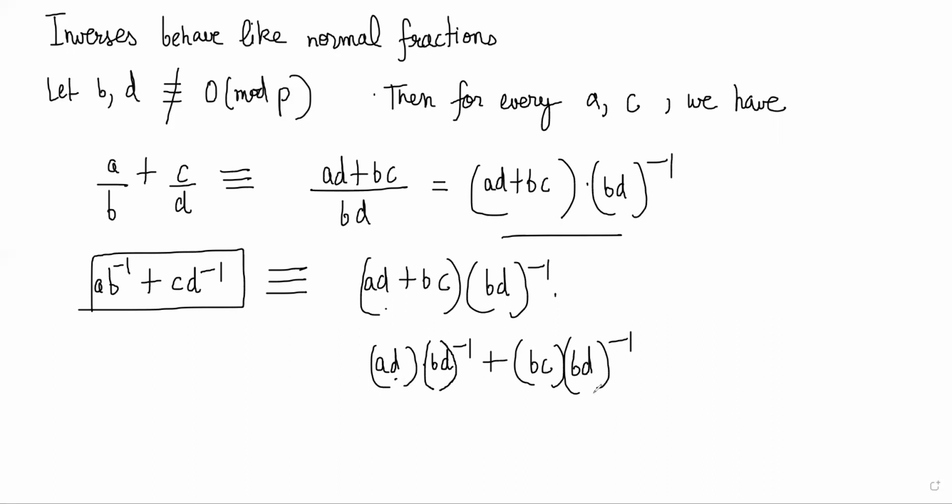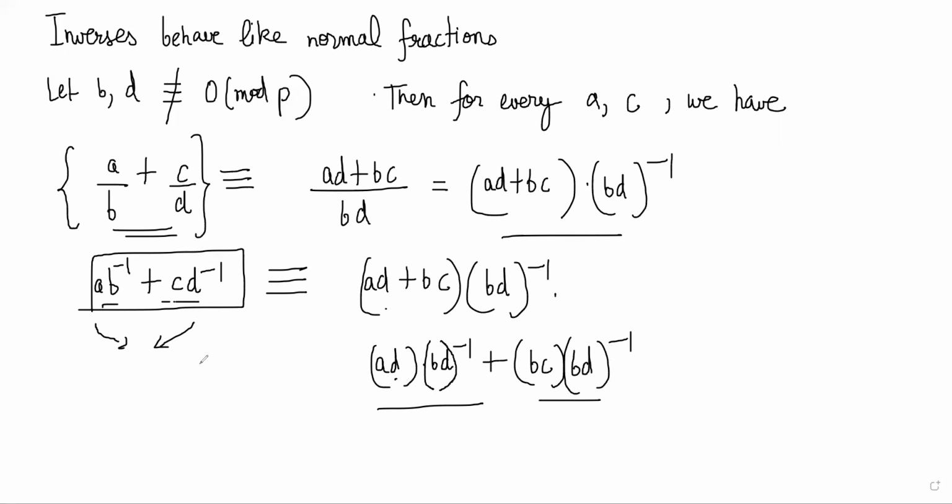You should get the same thing because you're getting b inverse, d inverse, and here you're getting a b inverse and c d inverse. So actually, you can just add it like a fraction, even though what you mean is a into b inverse plus c into d inverse.